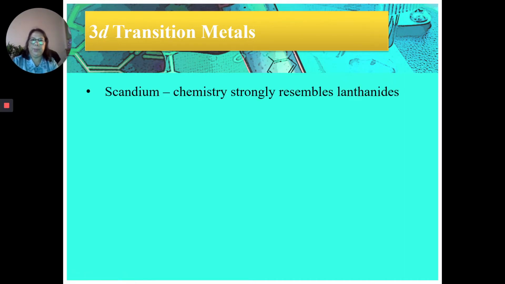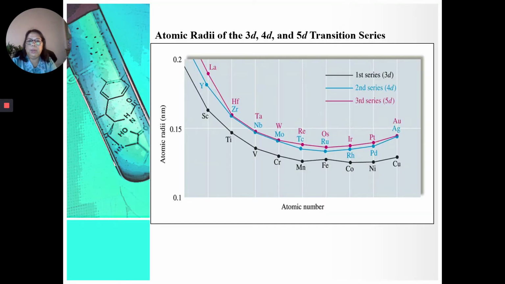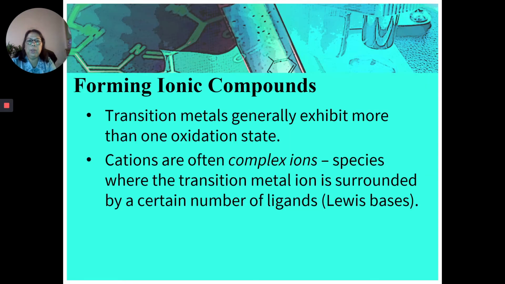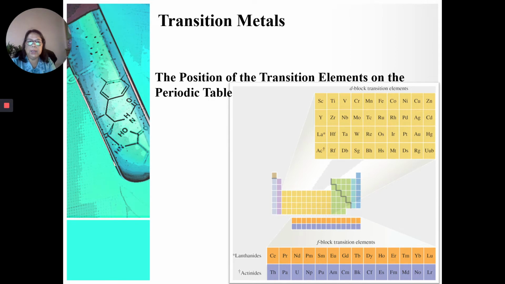Is scandium. If we say chemistry, we are referring to the chemical characteristics or its nature and its chemical property. So the chemistry of scandium strongly resembles that of the lanthanides. Again, review your periodic table. May I go back to my slides?